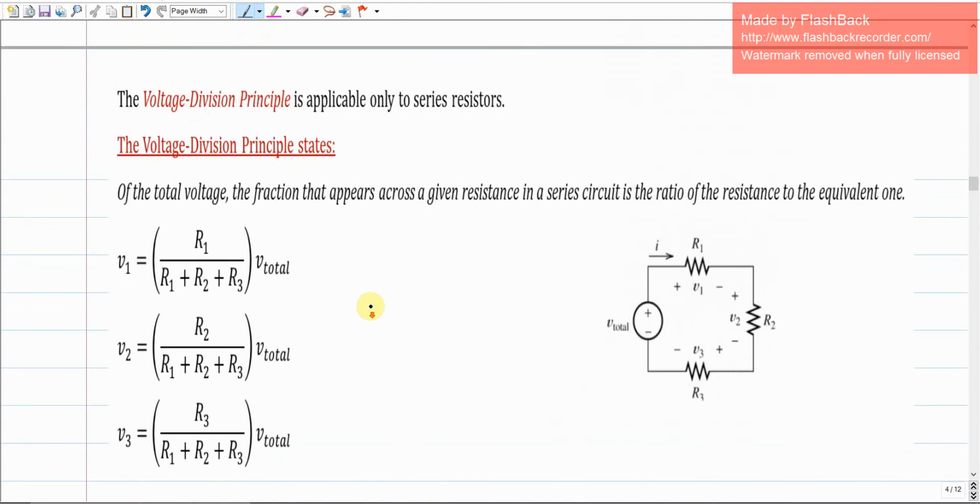So again, the main objective is to do analysis for electrical circuits that include resistors using the equivalent resistance method. What we have practiced so far is how we can combine all of these resistors into just one equivalent resistance.